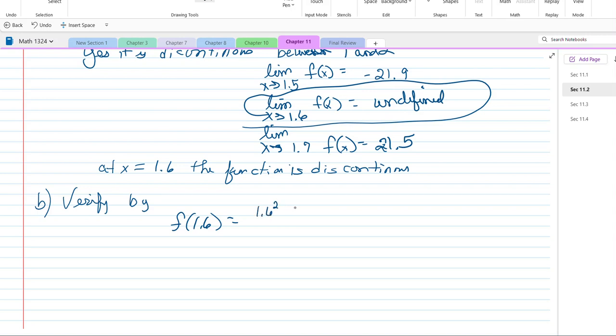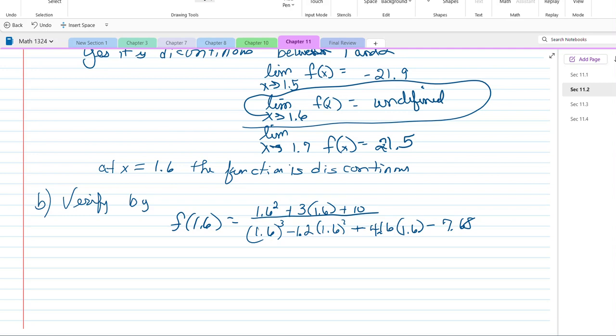Now the function was 1.6 squared plus 3 times 1.6 plus 10 divided by, and we really only care about the bottom, but we'll do it, 1.6 cubed minus 1.2 times 1.6 squared plus 4.16 times 1.6 minus 7.68.